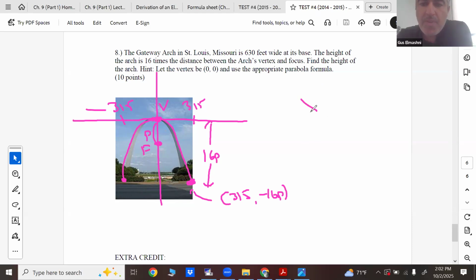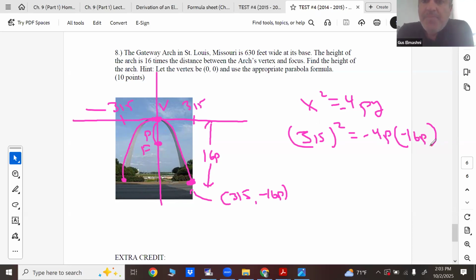And then don't we have an equation for this? x squared equals 4py. 315 squared equals, and you have to deliberately put a negative because it is going down, negative 4p. And then you can solve for p. Once you solve for p, then you get the height. And by the way, the height's exactly 630. Kind of an interesting structure. The width and height are the same.